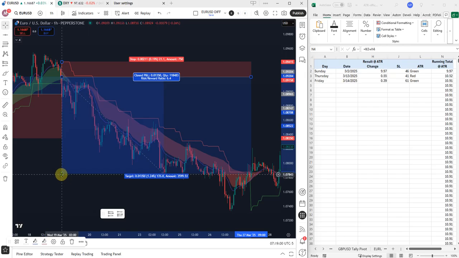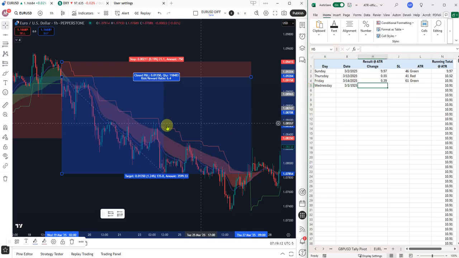It was on the 19th, which is a Wednesday. $3.19, and it was a ratio of 6.4, and our stop loss is only 20, which made our ratio really nice, or 21, wasn't it? All right, and that was red.